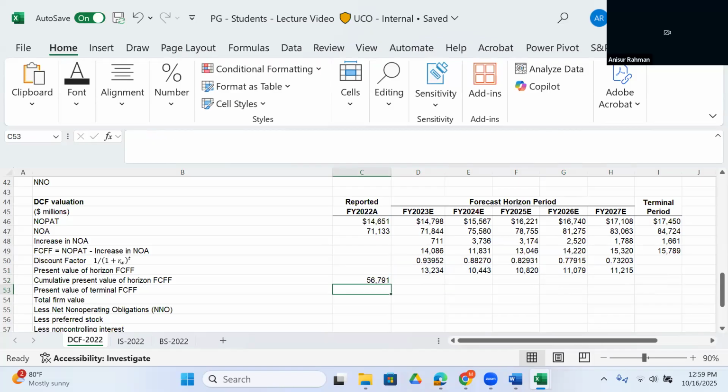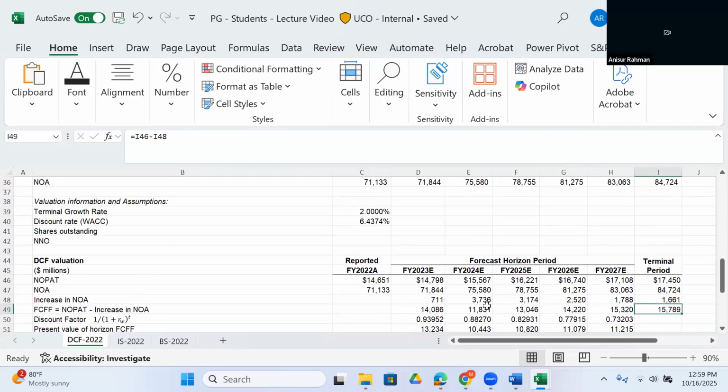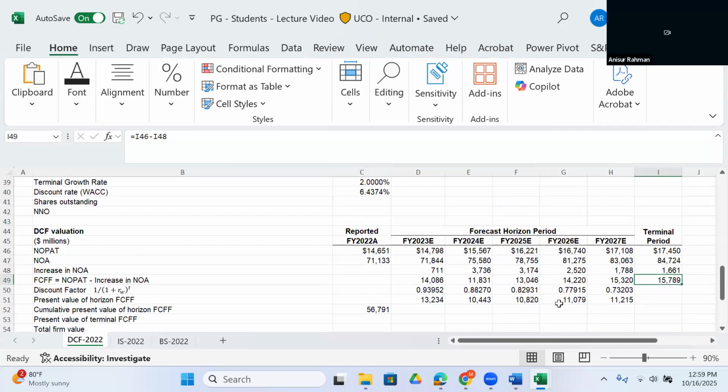And then present value of terminal free cash flow to the firm. Terminal. So what that basically means, so this is our terminal free cash flow. And this will increase at a constant rate of 2%. So basically that means it is an increasing perpetuity.